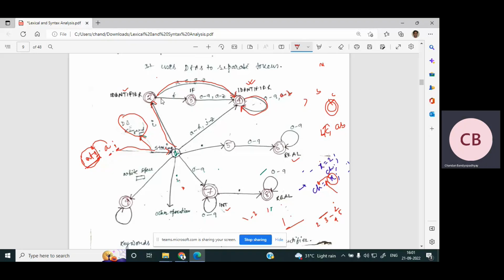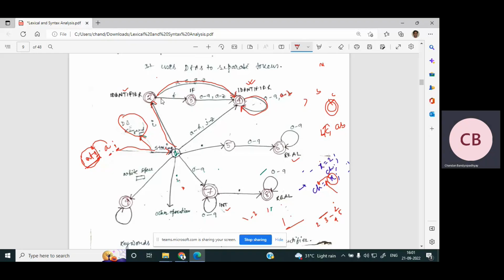What I wanted to show here is that if I make any error in the keyword section, then those are categorized as an identifier by the lexical analyzer. So the finite state machine is not capable of finding out whether the errors are there in the keyword or not.